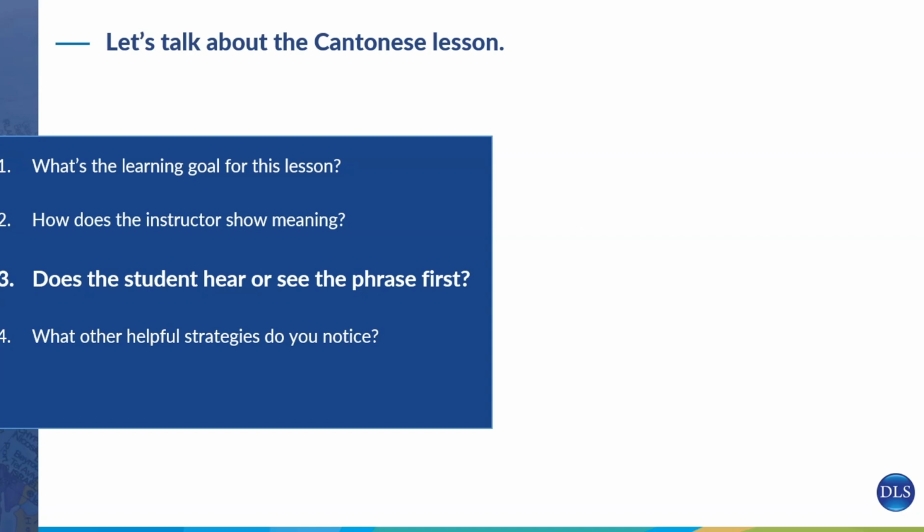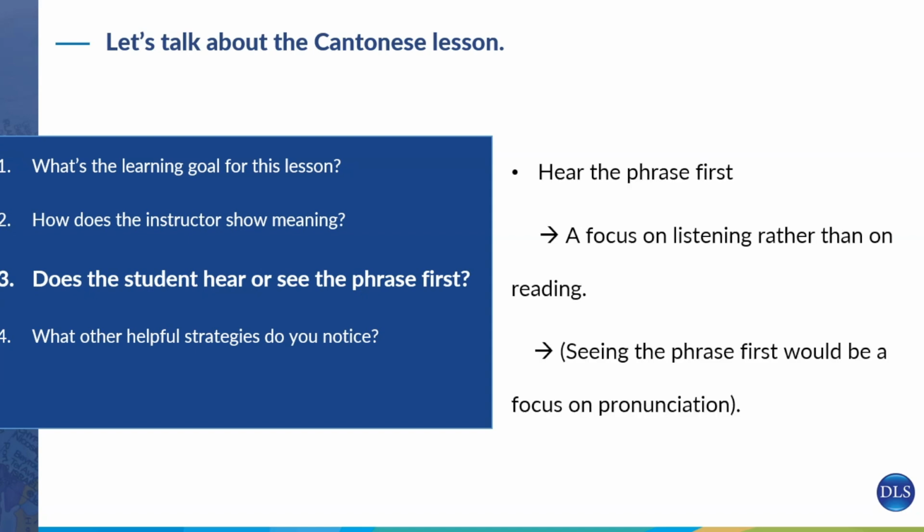Now, this is a more nuanced one. You may have noticed that the student heard the phrase before they saw the phrase. By having the student hear or listen to the phrase before seeing it visually, this creates a focus on listening rather than on reading.